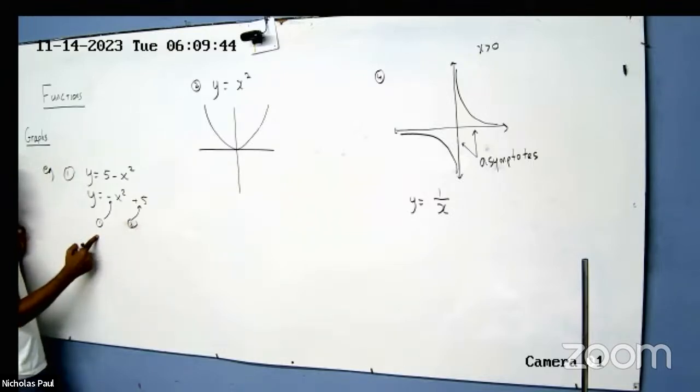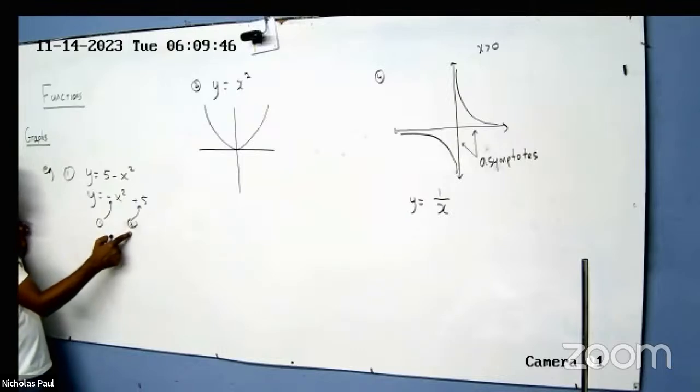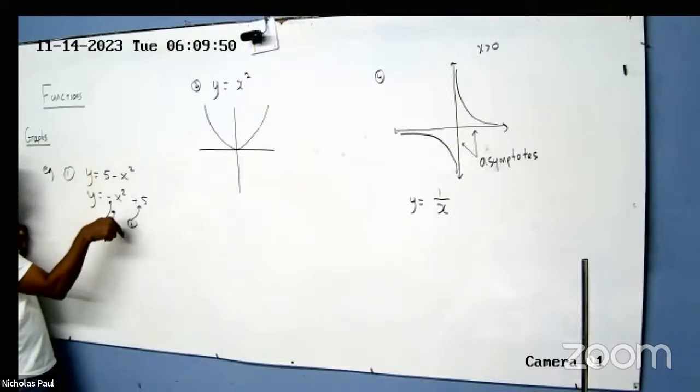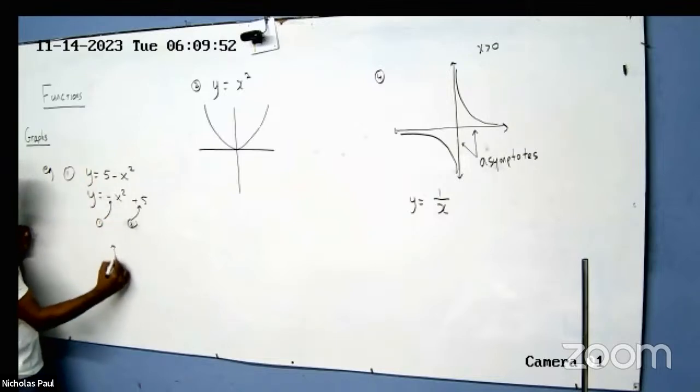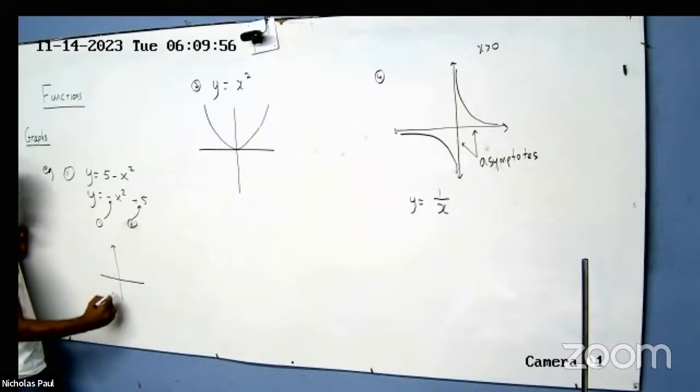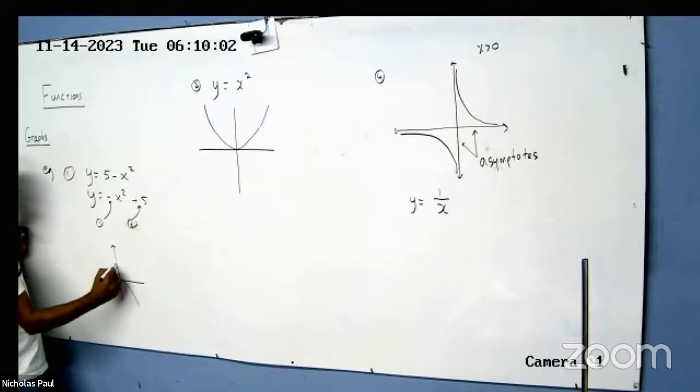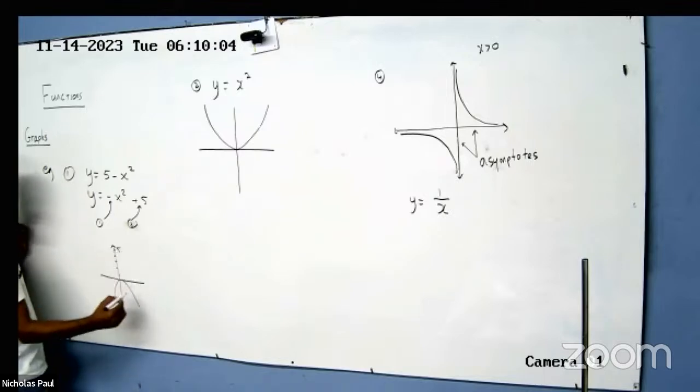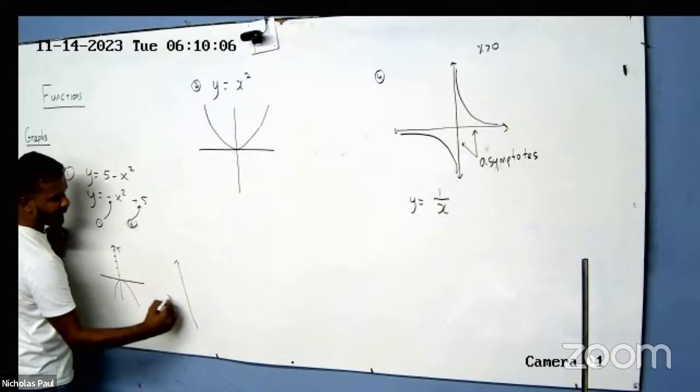Reflection in the x-axis. And this transformation says moving 5 up or down? Up. So you're taking y is equal to x squared and you're reflecting it in the x-axis. Then you're moving it up 1, 2, 3, 4, 5. So the final thing looks like this.